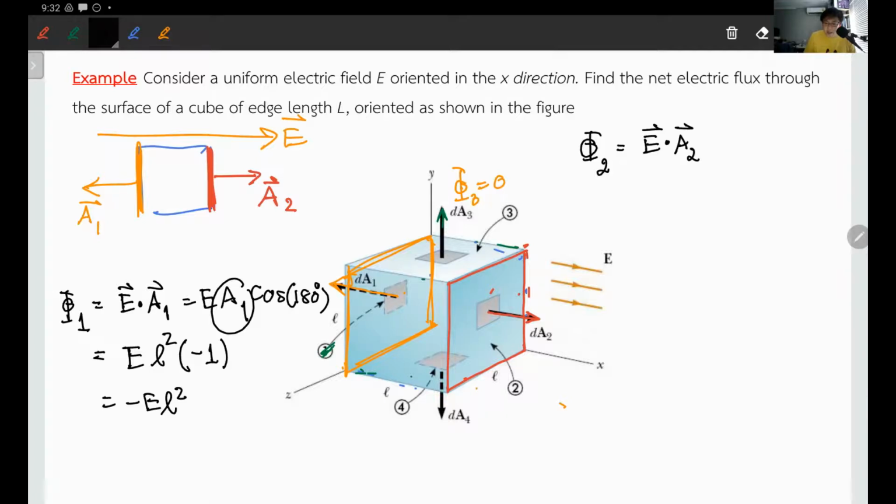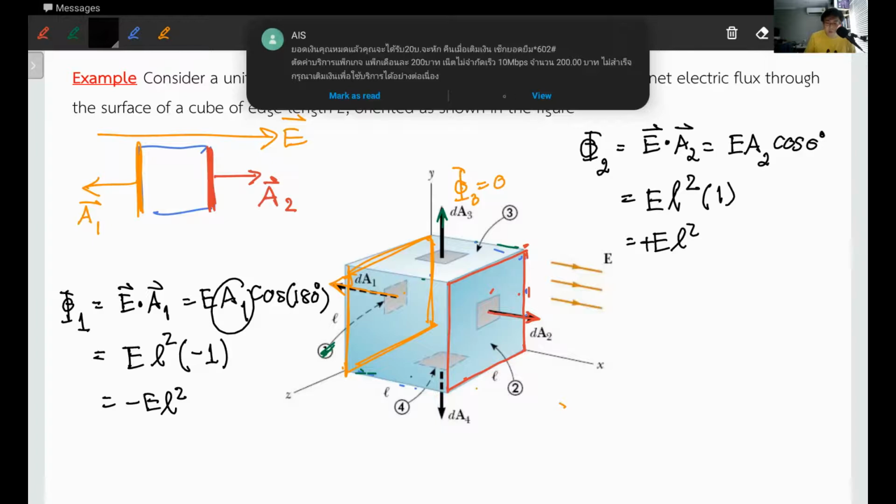That is E times A sub 2 cosine what? It's going to be 0 because now they are pointing in the same direction. And that will be E times A, which is L squared, times 1. So it's E L squared. I emphasize it's positive. Okay, very good.